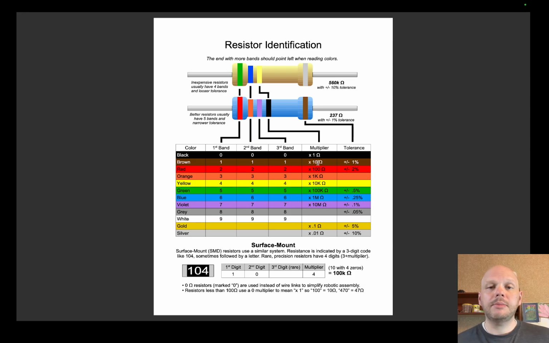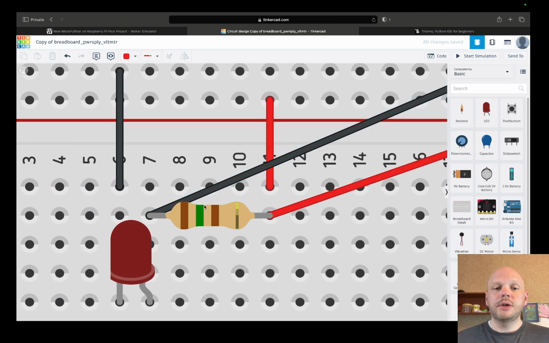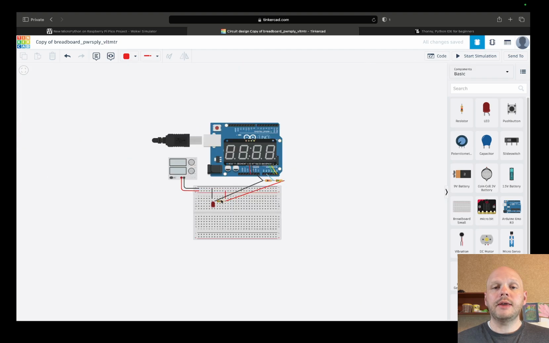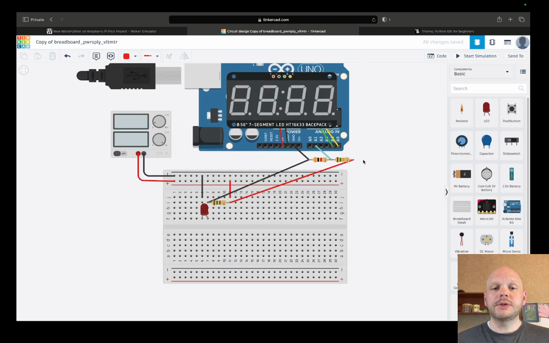Well, what's 15 times 10? 150. With ours, we had a 5-band resistor, and ours was 150 with a multiplier of 1. So there's different ways to have the resistor have bands, but there's more than one way to get to the same value, depending on the multiplier and the number of bands you have. So we have a 150 ohm resistor here.